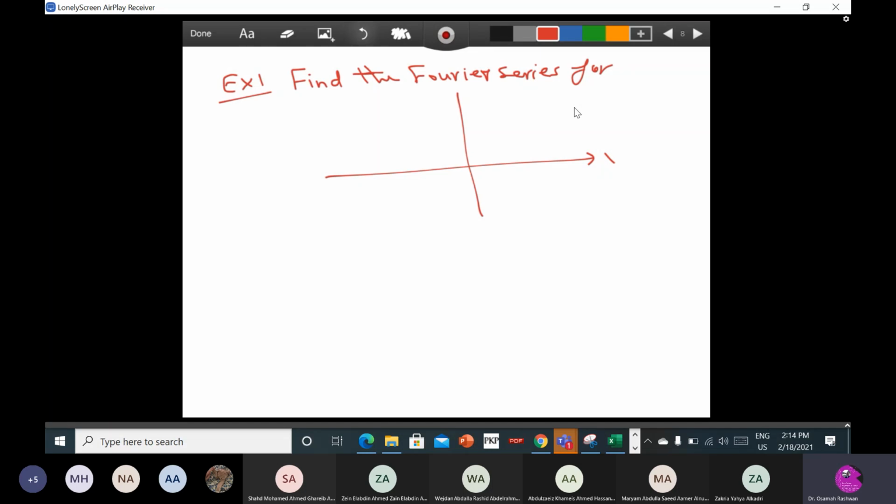I'm just writing t instead of x. I have f of t here, and you have the function exactly like that, from pi over 2 to minus pi over 2.